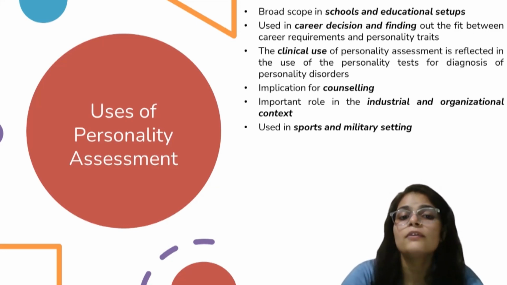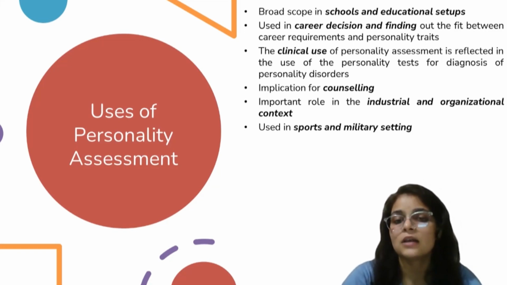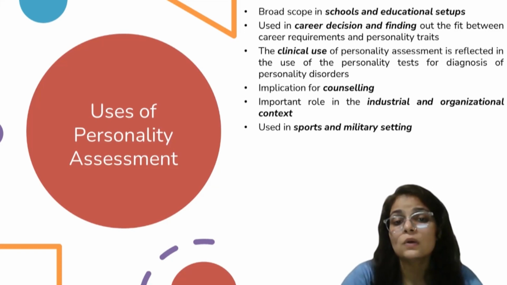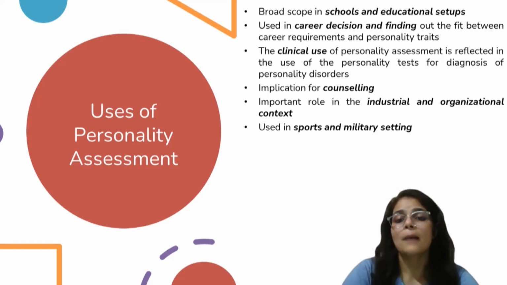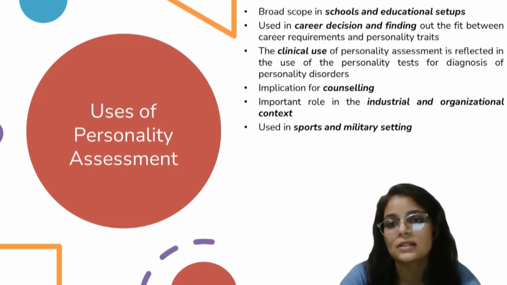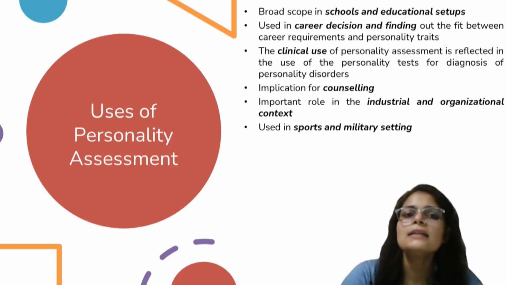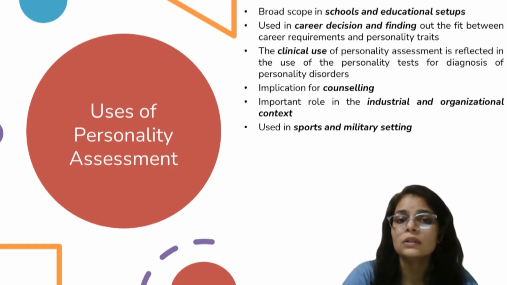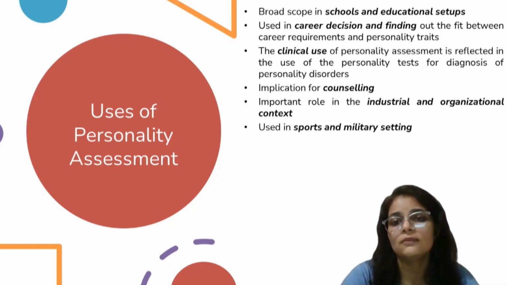Personality is associated with various outcomes in various areas like education, career, counseling, clinical, and so on. So we can discuss these applications of personality assessment. Personality assessments have a broad scope in schools and educational settings. How is personality related to the child's performance? Research studies have found that various personality traits have an impact on educational achievement.